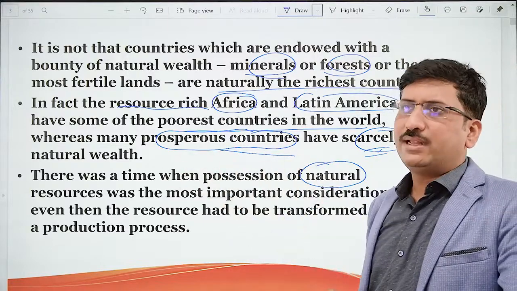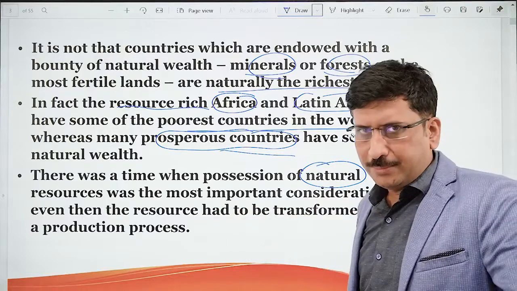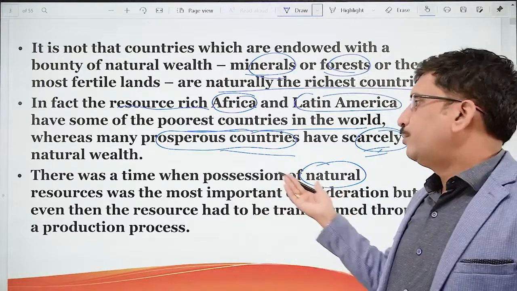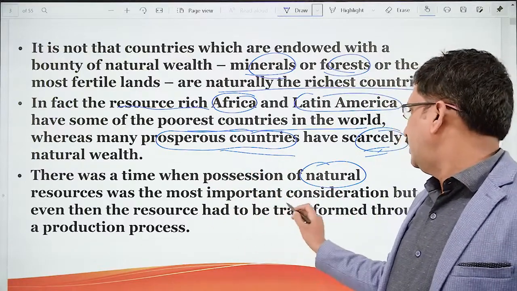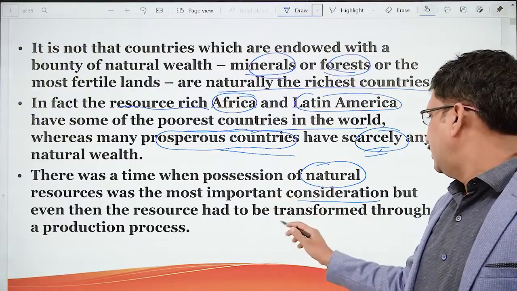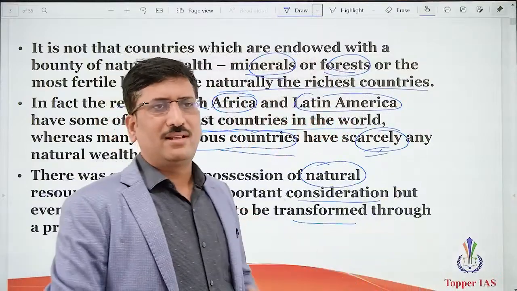Let's take a small example. If somebody has land, he is a rich person, right? That notion was there: if you possess natural resources, you are considered rich, because easily we can produce something out of it. Take your own example.